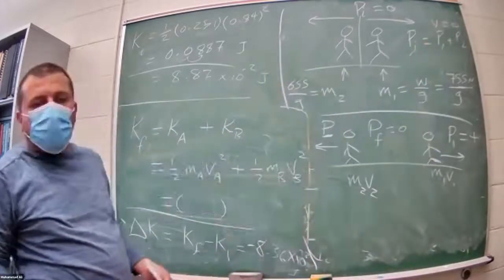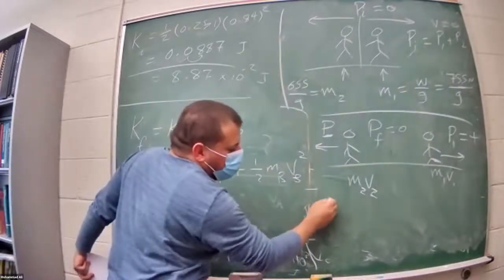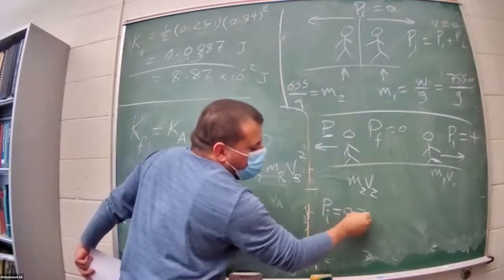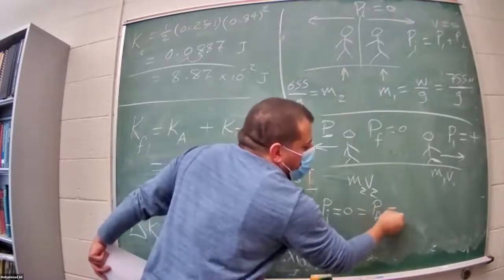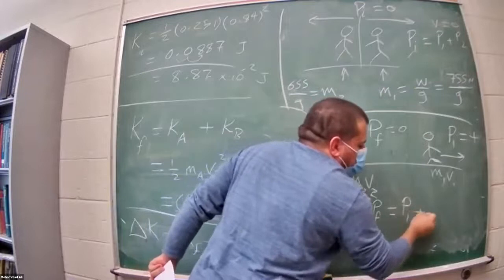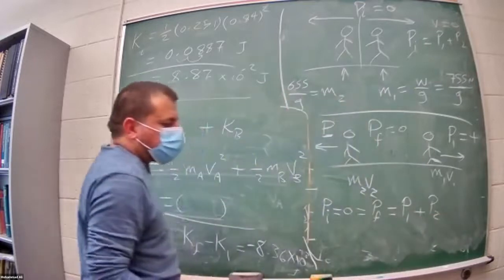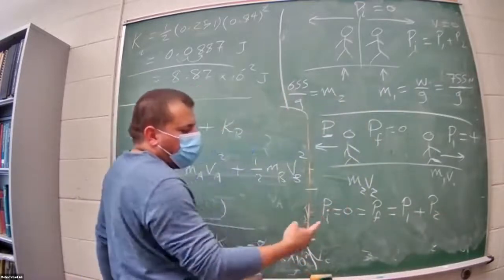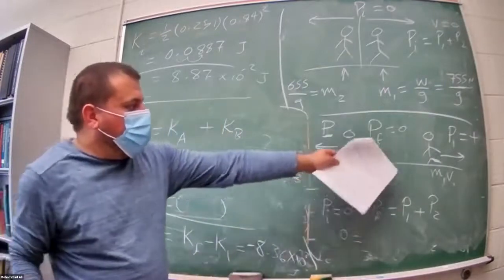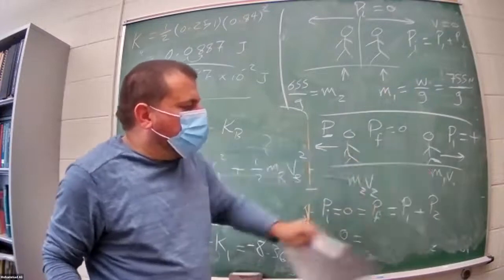Now here we need to apply that equation. P initially is equal to 0 and is equal to P finally, which is equal to the first momentum, P1, plus the second momentum. So 0 is equal to P1, which is M1 V1.